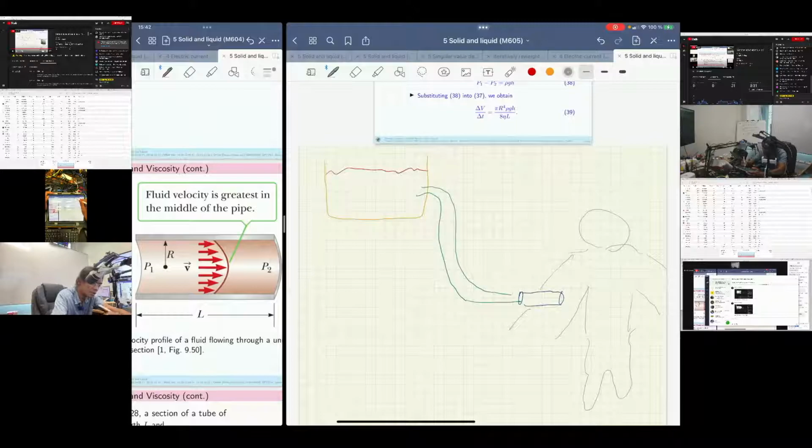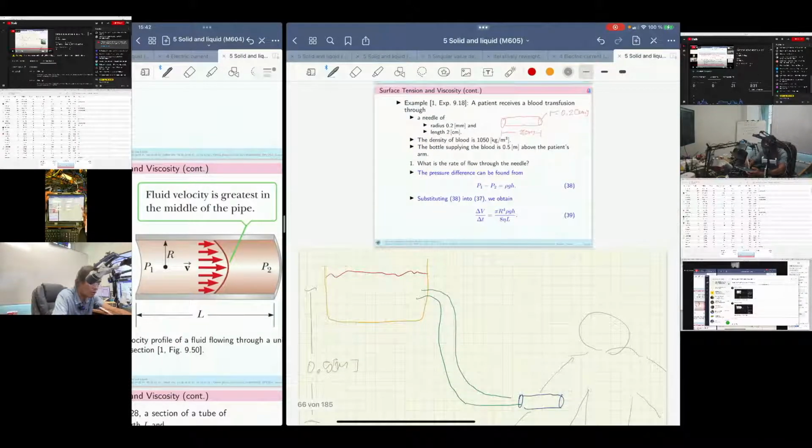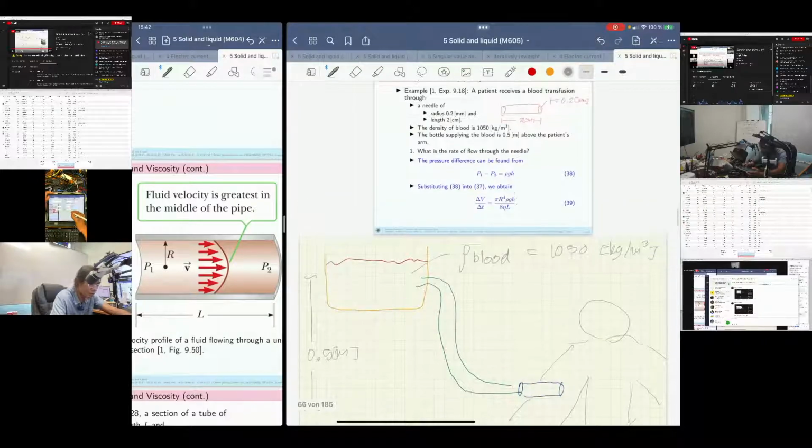This guy, and the height here is 0.5 meter. This is raw blood, raw density of the blood is 1050 kilogram per cubic meter, and the needle is of the length 2 centimeter.